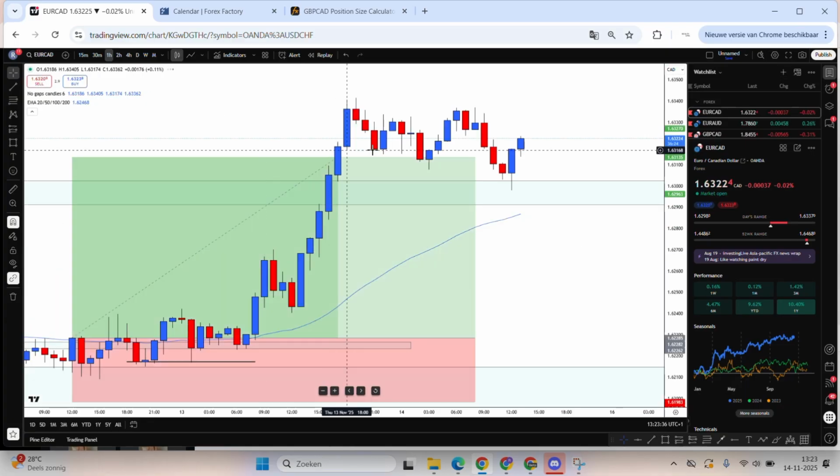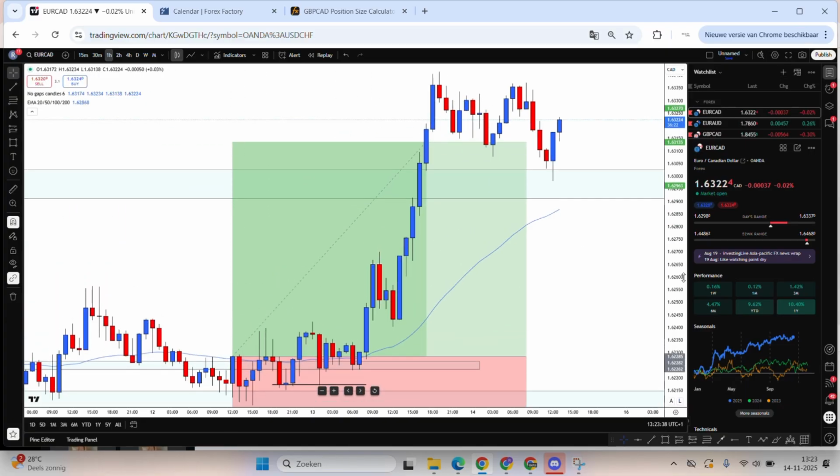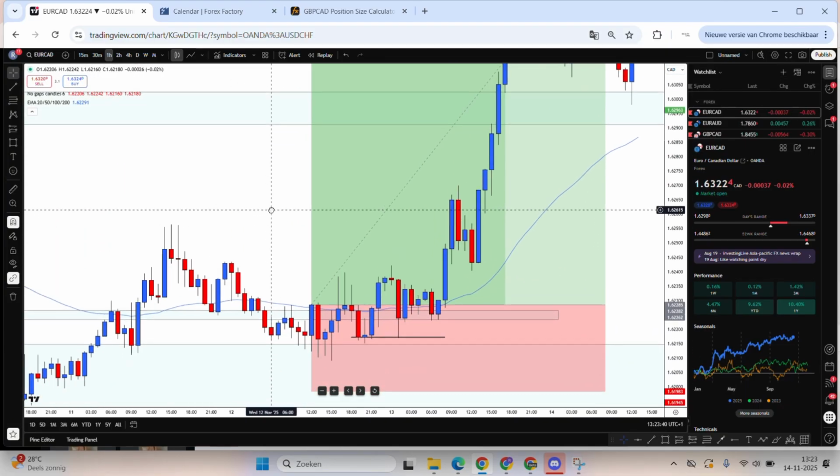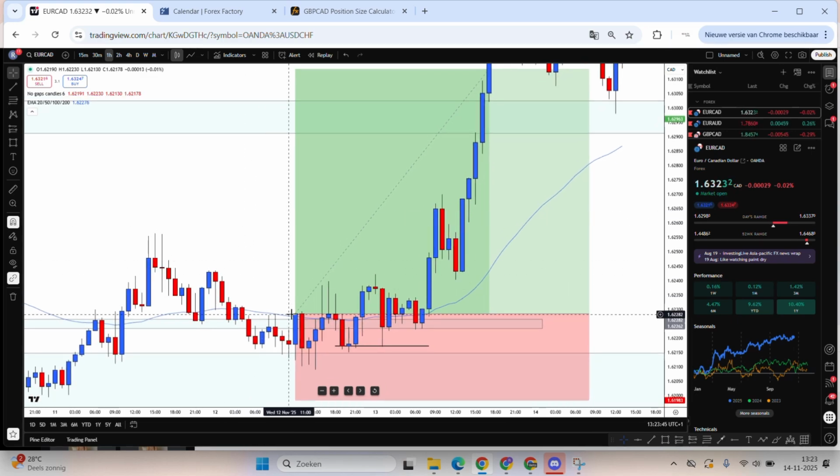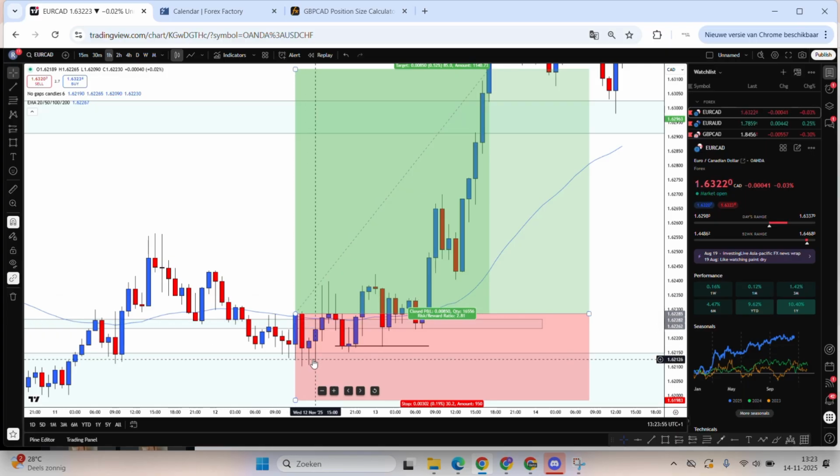If you go to the 1 hour right here, I posted on my Instagram every update of this trade. So you saw here I entered the trade on this candlestick right here, a bullish engulfing candlestick, a little bit too early. I explained that in my video on Instagram, but we had some drawdown right here, and then we flew up to the take profit.